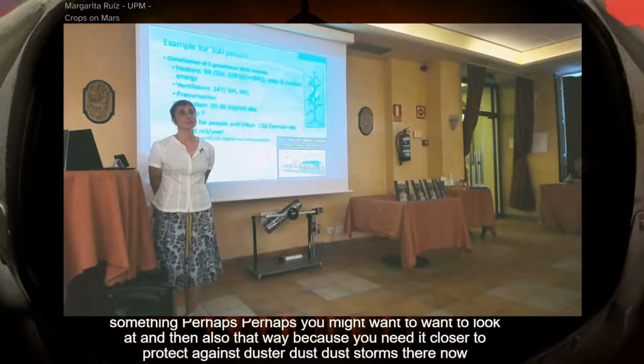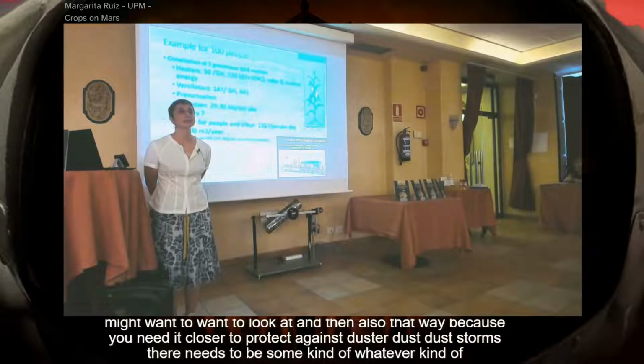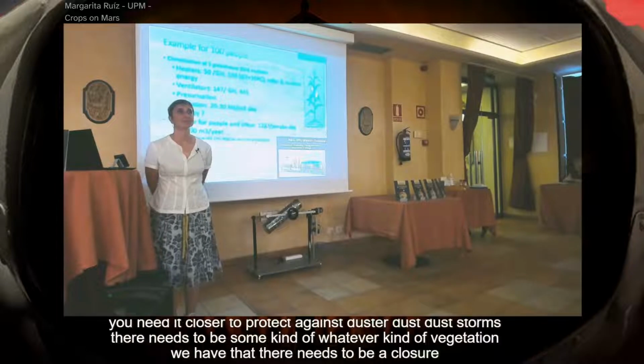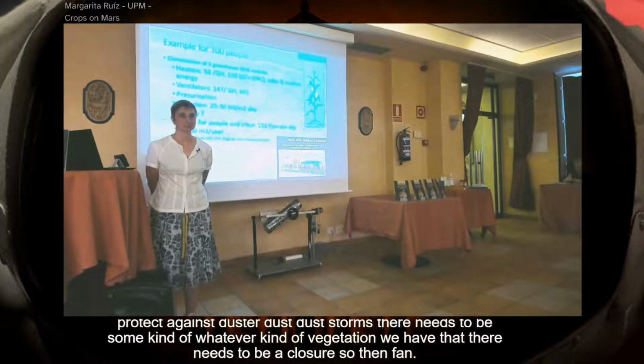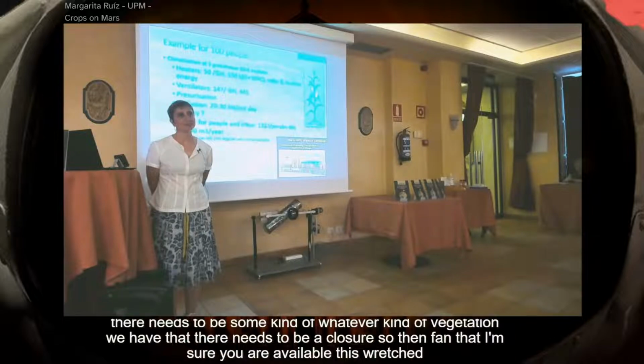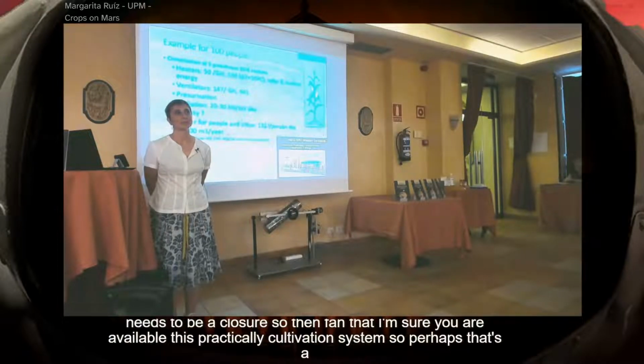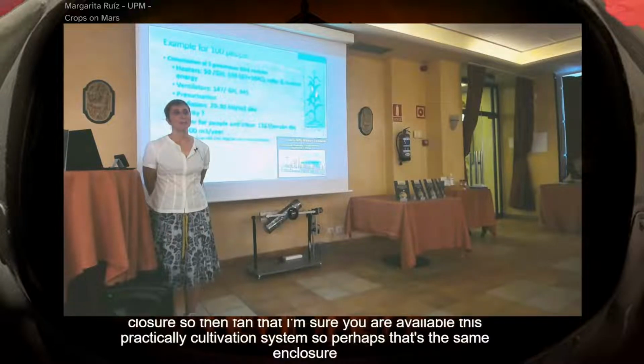Whatever kind of vegetation we have, there needs to be a closure. I'm sure you are aware of vertical cultivation systems. Perhaps within the same enclosure we can grow more.